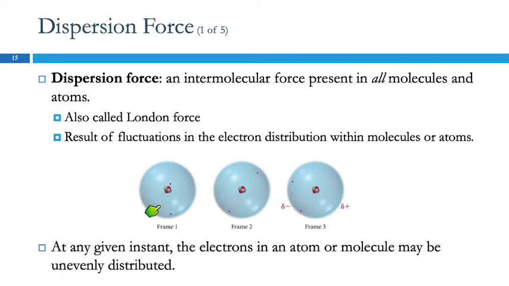So here we have a helium atom, right? We have 2 electrons, and there's the nucleus. And so if we took pictures of these electrons, forcing them to behave as a particle, so we can take a picture of them, we would see that occasionally both of those electrons are on the same side of the atom.